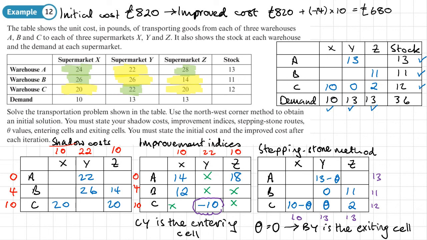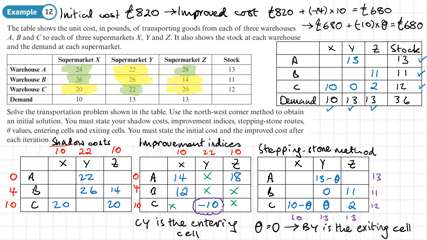Now if I work out my new improved cost, it's actually not going to change because it's going to be 680 plus the value that I had for theta times by minus 10. So it's basically just going to be negative 10 times by theta. So you can see we haven't improved on the cost yet.